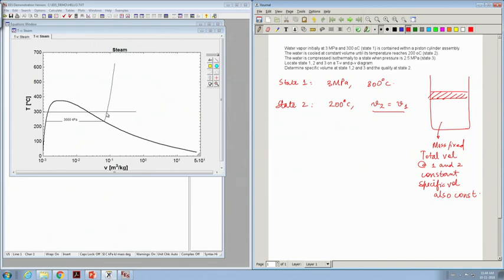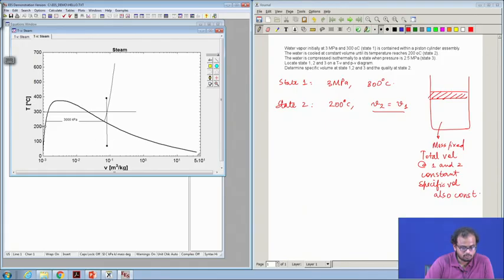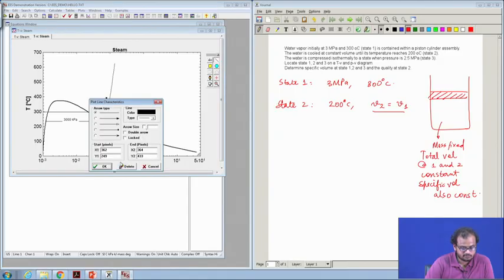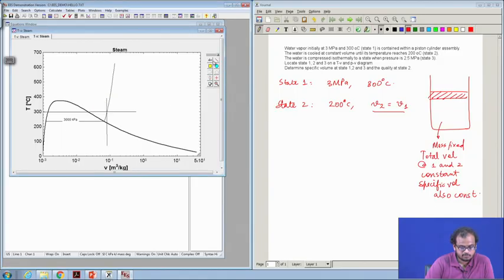So, from this particular point over here, the line will move along this axis because it is a constant volume process. So, we expect that the process will look something which is a vertical line. It will go up until it hits the 200 degrees Celsius line.